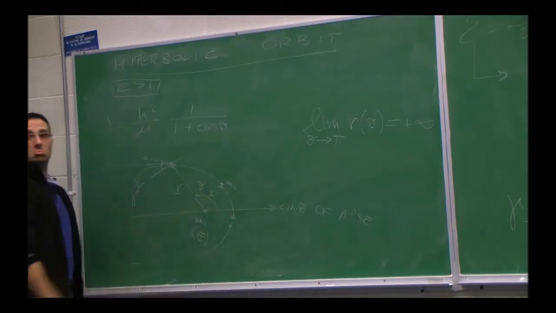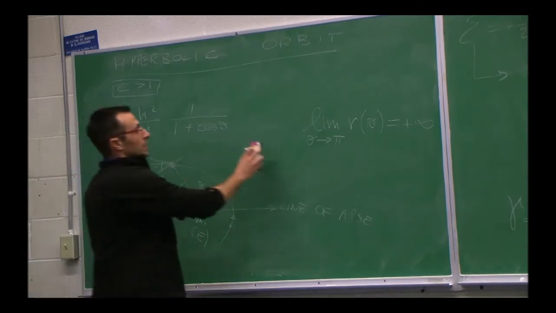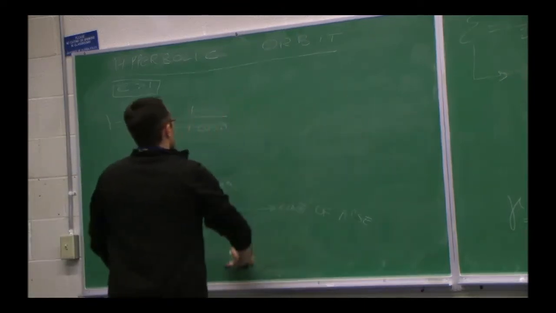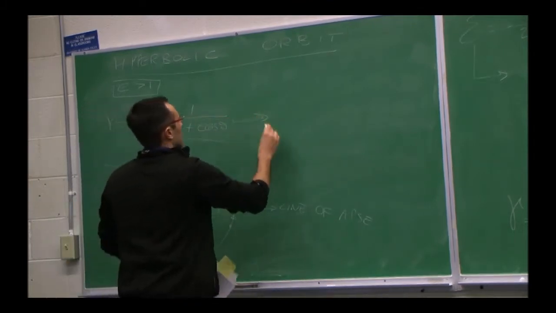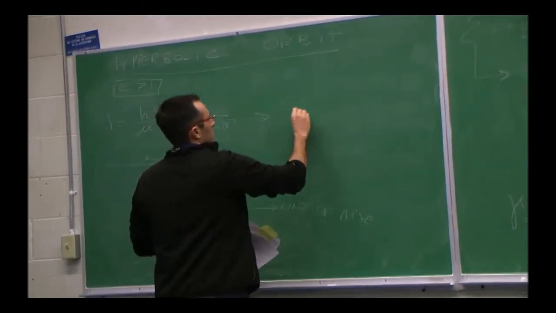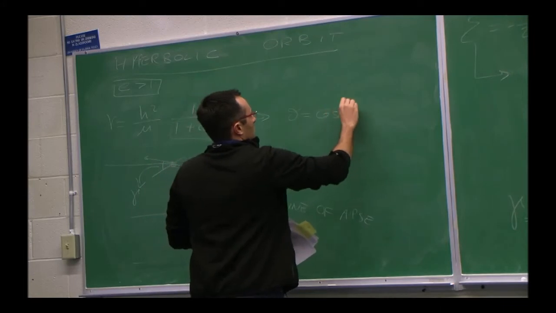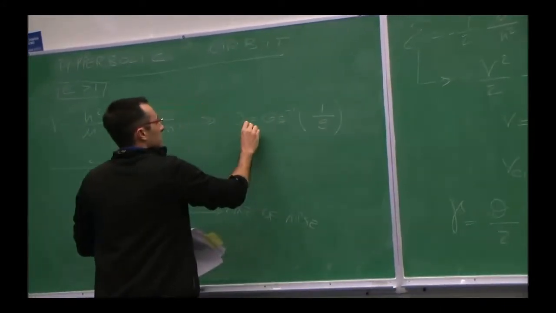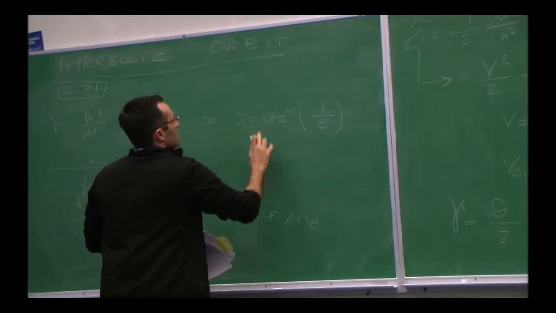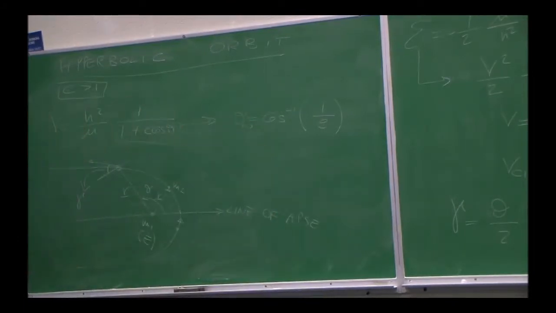Can I erase? Well, I can still use this side. So when does this go to 0? When theta is arccosine of 1 over e. And so we call this theta infinity, because that's the true anomaly where your arc goes to infinity again. Before it was pi, right?